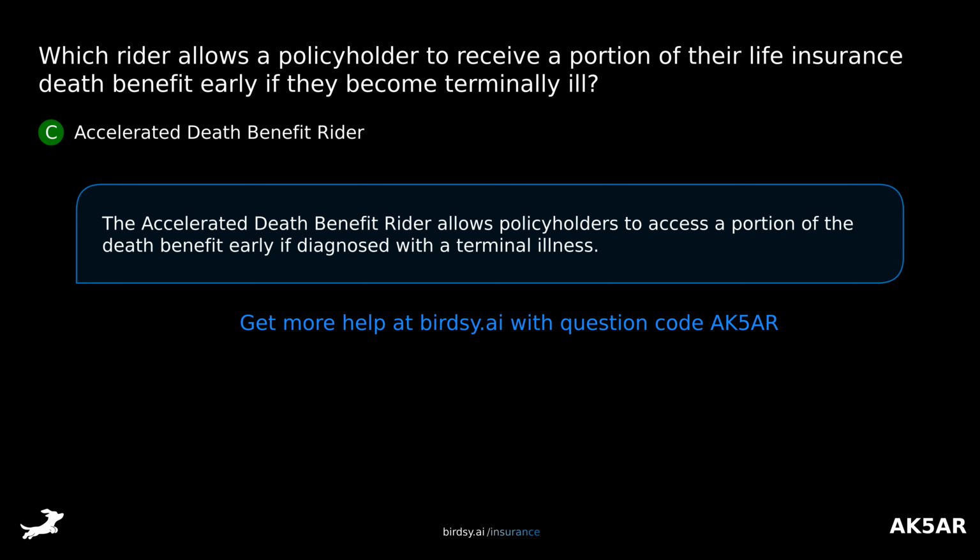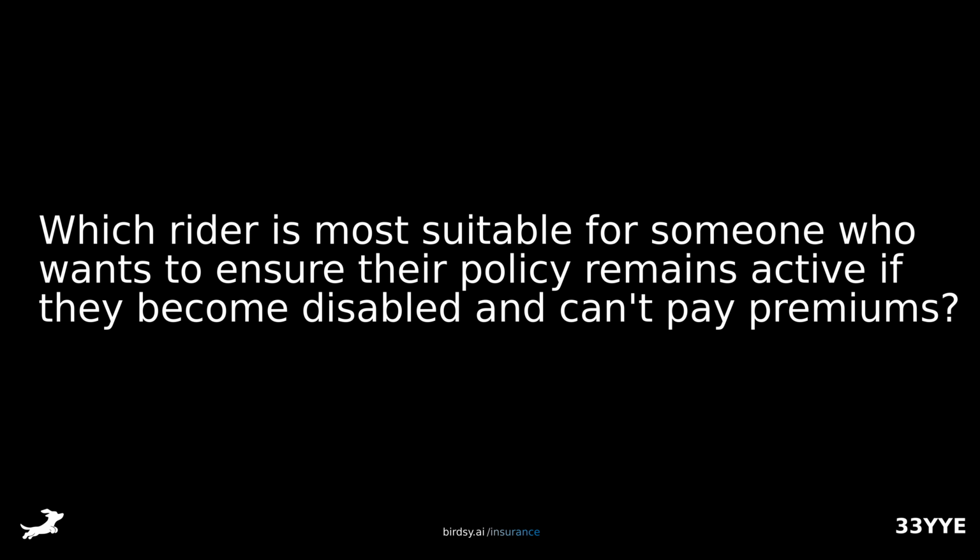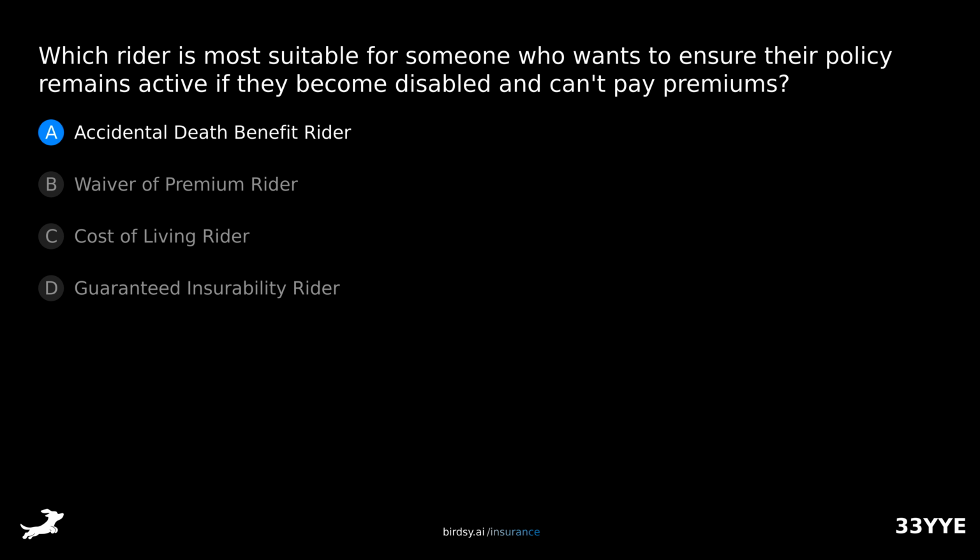terminal illness. Which rider is most suitable for someone who wants to ensure their policy remains active if they become disabled and can't pay premiums? Is it A, accidental death benefit rider, B, waiver of premium rider, C, cost of living rider, or D, guaranteed insurability rider?